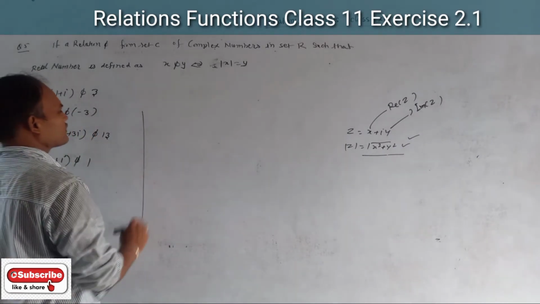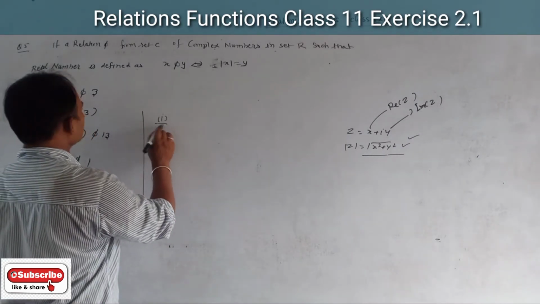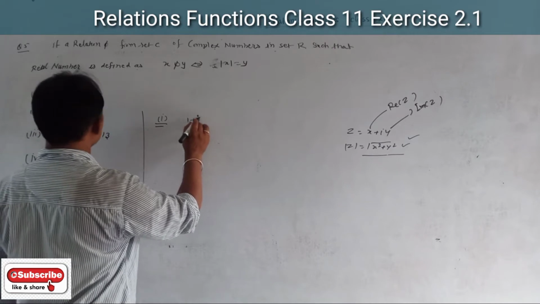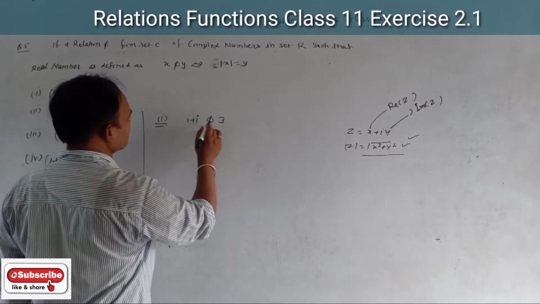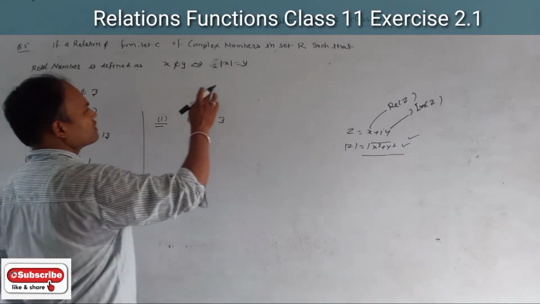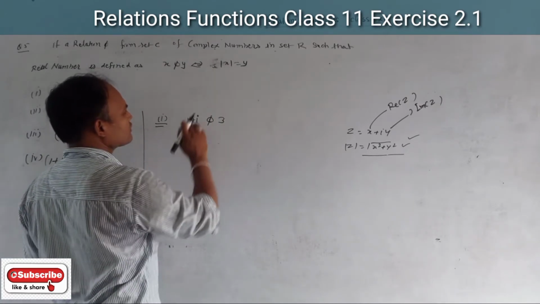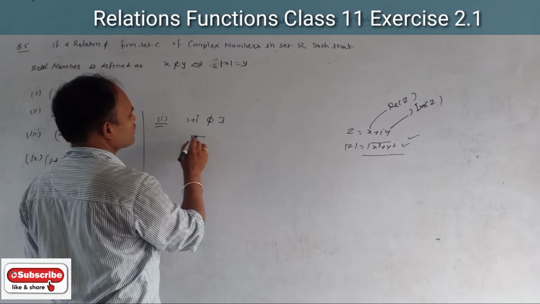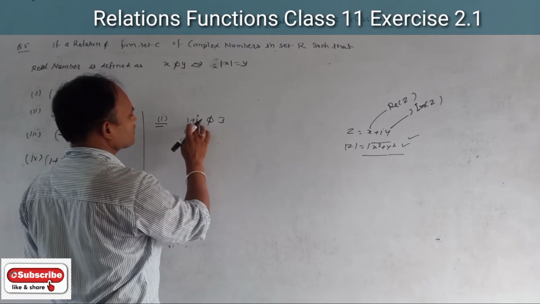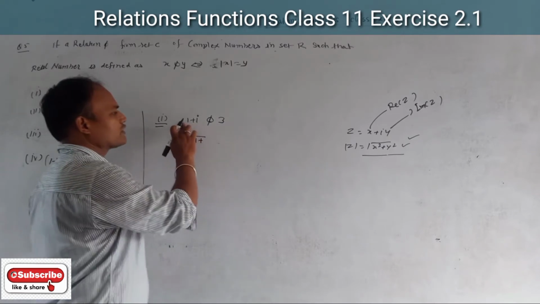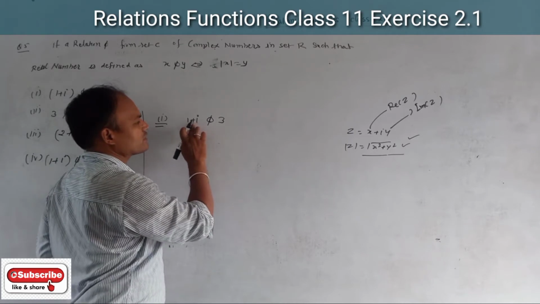We are going to take the first question. 1 plus iota phi 3 is given, and what about x? The modulus of x. So it is root of 1 plus iota, where the coefficient of 1 is 1 and the coefficient of iota is 1.